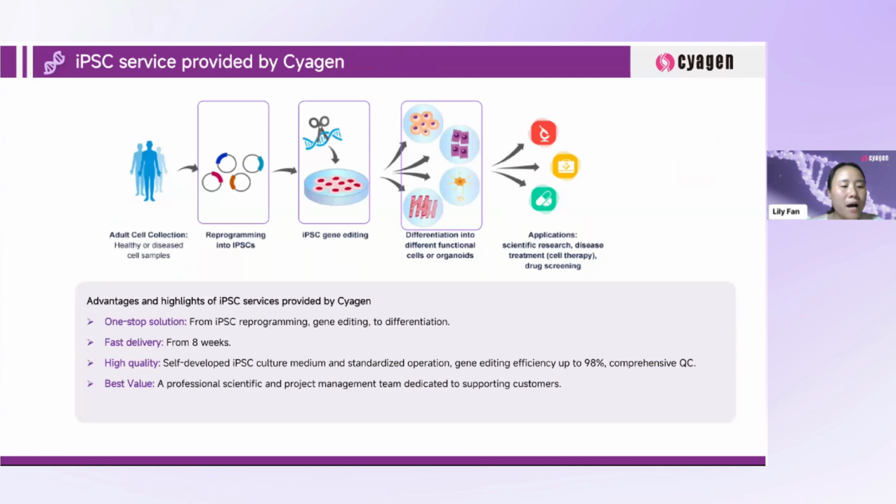So what can we provide for iPSC technology? Cyagen offers one-stop iPSC services, including iPSC reprogramming, gene editing, and differentiation with faster delivery starting from 8 weeks. Cyagen ensures high-quality services through self-developed iPSC culture medium and standardized operations.